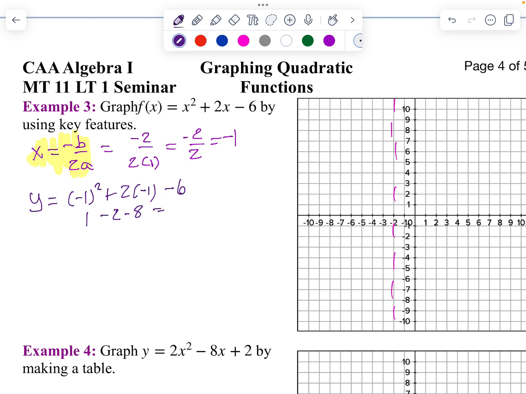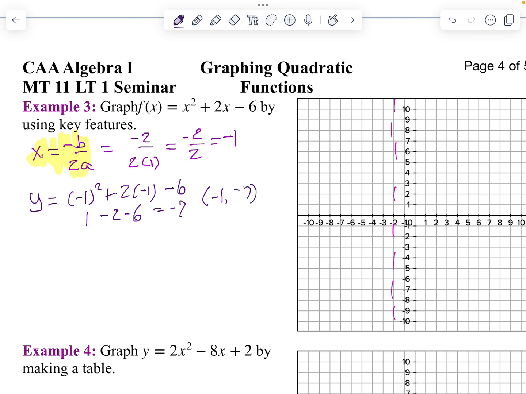So 1 minus 2 is negative 1. Sorry, I was thinking ahead here, but that wasn't right either. 1 minus 2 is negative 1, minus 6 is negative 7. So my vertex is at negative 1 and negative 7.